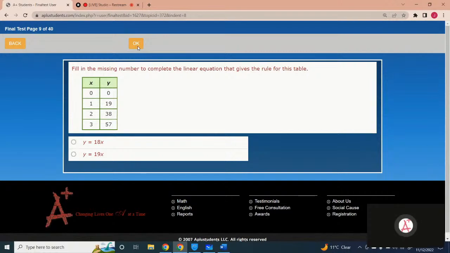Yes, it would be y equals 19x. Okay, you can complete the test by yourself later today.